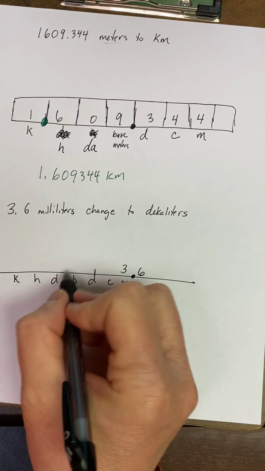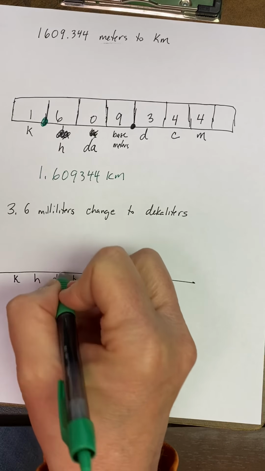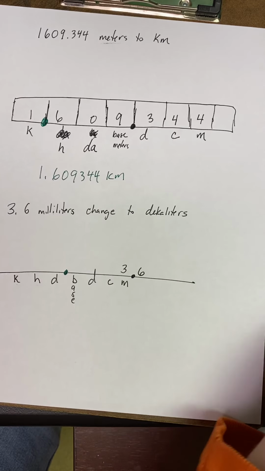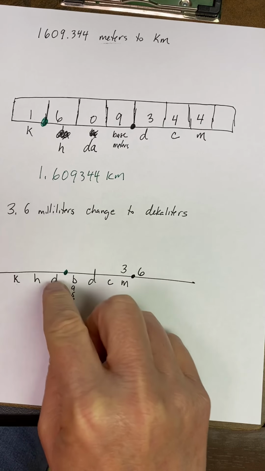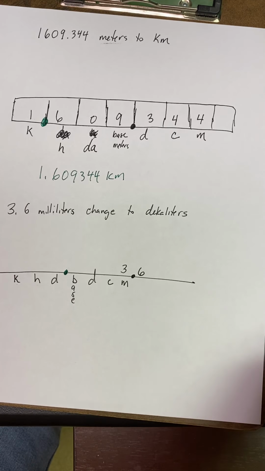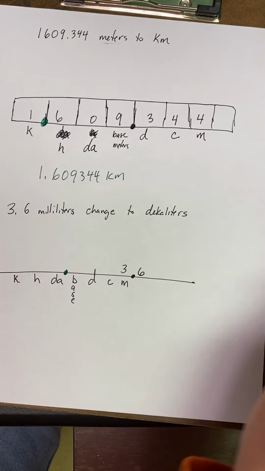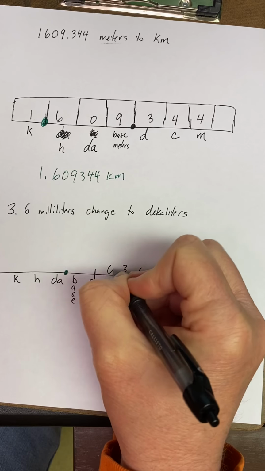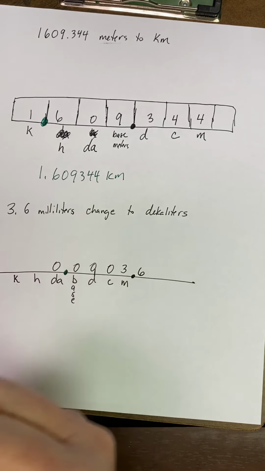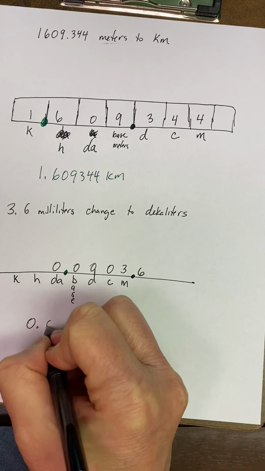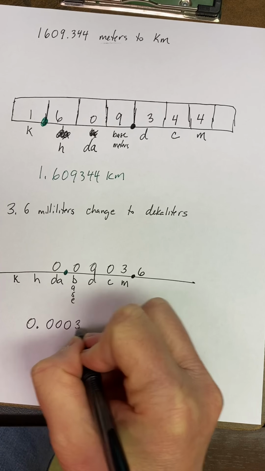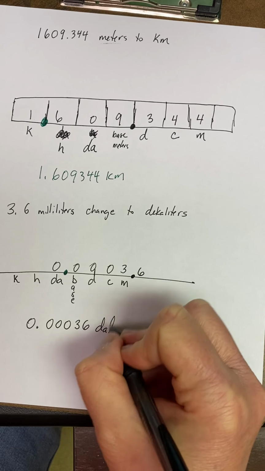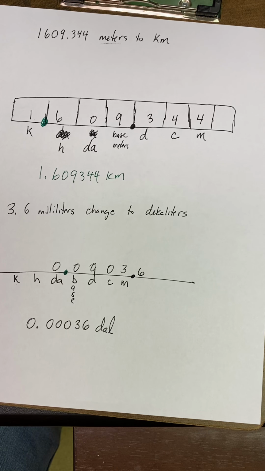I need the decimal point to move right here. That means I've got to move this decimal place from here to there. Oh, that's deca. And that's going to be a whole bunch of zeros to fill in the spaces, and that is 0.00036 decaliters, D-A-L. Okay.